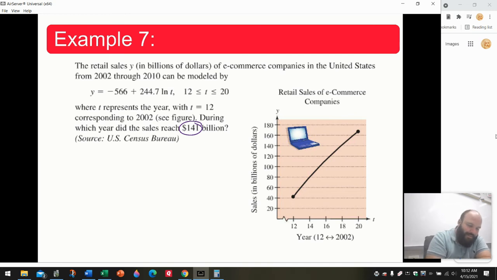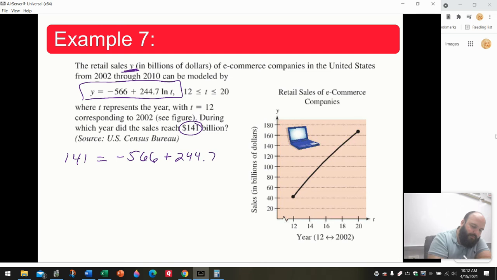And it does say that the retail sales in this particular problem are represented by the variable y. So in this equation, we will put the number 141 in for y. So we have 141 is equal to negative 566 plus 244.7 natural log of t.